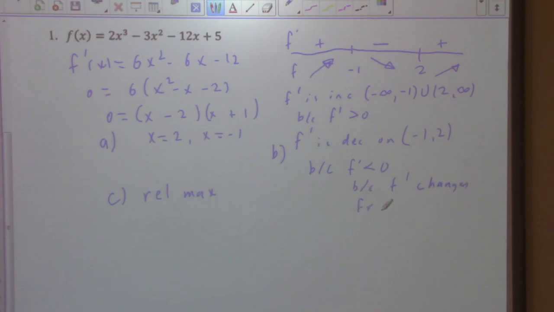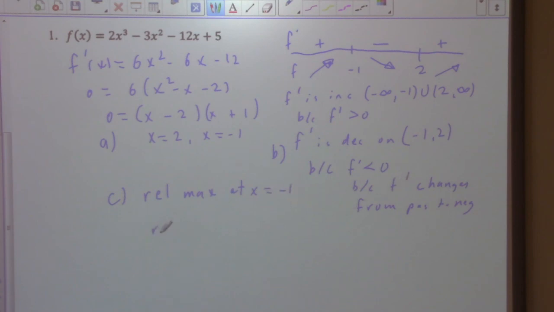To have a relative maximum, f prime has to change from what? Positive to negative. And then we can go here, look at the number line. Where does the thing change from positive to negative? At x equals negative 1, because blah, blah, blah.